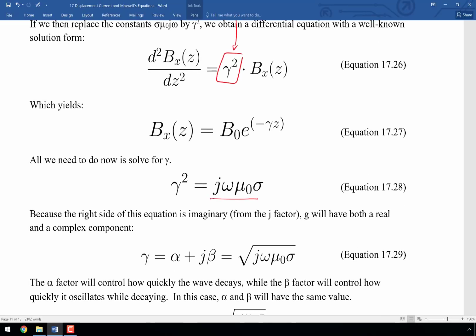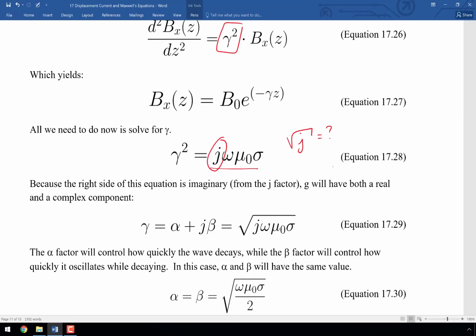So we know that the right-hand side of this equation is imaginary, because of the j. If you take the square root of j, the question is, what is that equal to? As it turns out, it ends up with a real part alpha and an imaginary part beta.